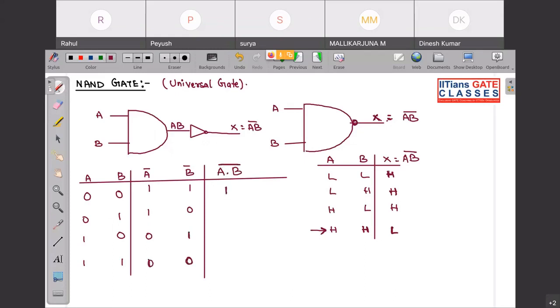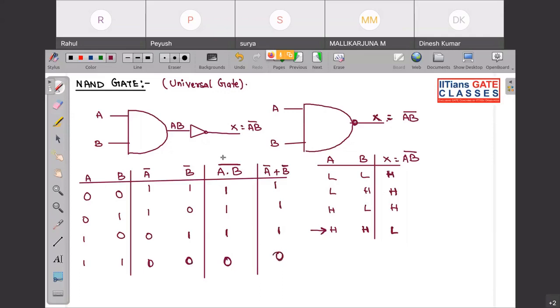This will be 1, 1, 1, 0. Okay, so this is what? This is your NAND operation. Now one more thing, if you see, if I want to simply do what? A complement or B complement. Okay, A complement or B complement. So 1 or 1, it will be 1. 1 or 0, it will be still 1. 0 or 1, it will be 1. 0 or 0, this will be 0.